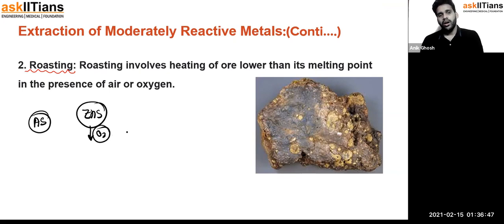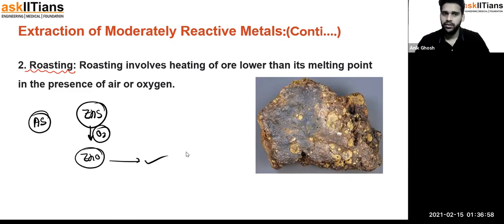Not like the last one, not burning in an inert atmosphere. It's burning in front of oxygen. So you'd get ZnO. Now from ZnO you can work, right?